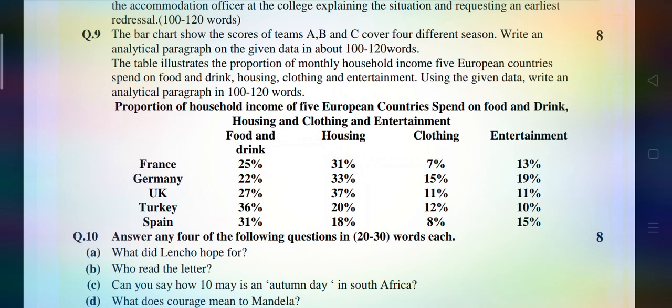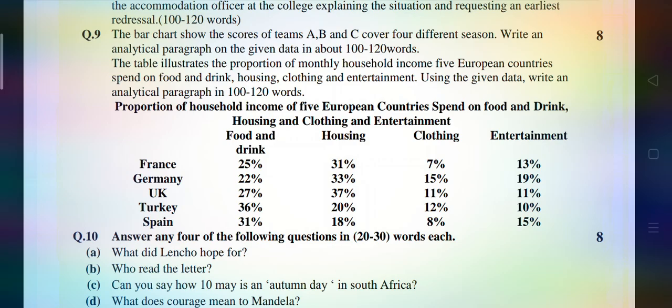Okay, some basic introductory paragraph has been given. The table illustrates the proportion of monthly household income 5 European countries spend on food and drink, housing, clothing and entertainment. Using the given data, write an analytical paragraph in 120 words.